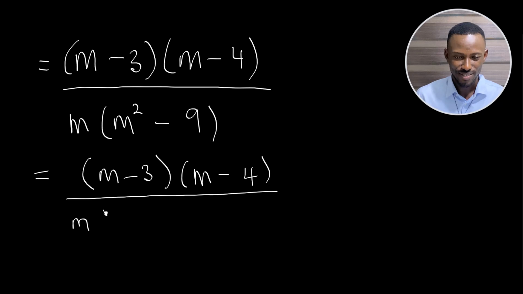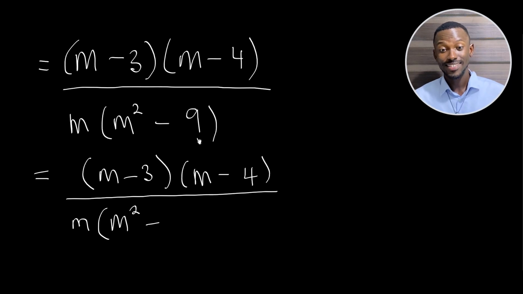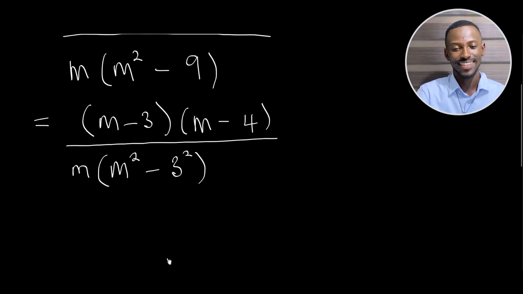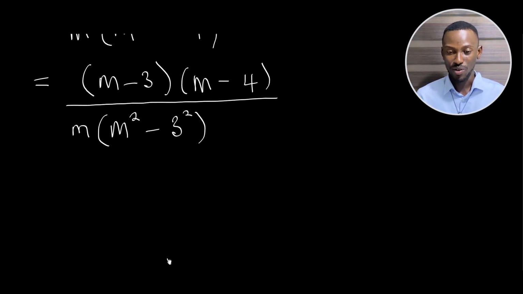Let me include it so that the explanation will be easy. This 9 is the same as 3 squared, so I've actually not changed anything. And mind you, I'm doing this so that I'll be able to use difference of two squares to solve the question.